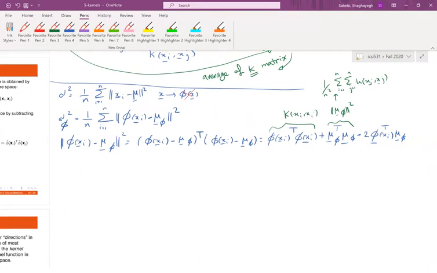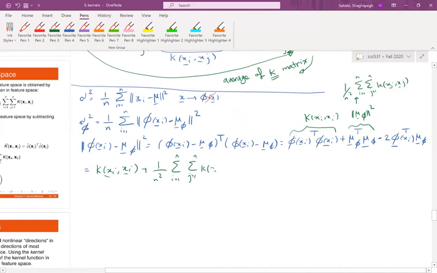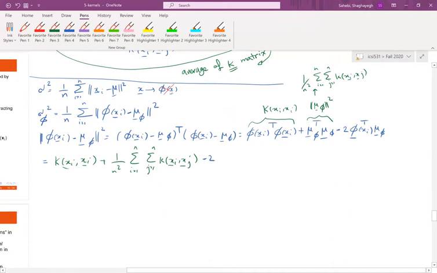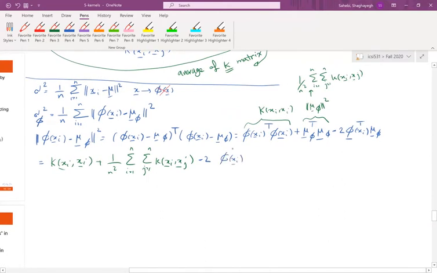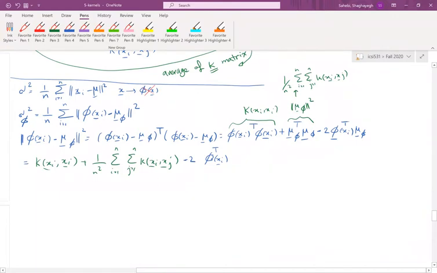So far, we have this is equal to k xi and xi, plus 1 over n squared sigma i 1 to n, j 1 to n, k of xi xj, now minus 2 phi of xi transpose, and instead of mu of phi, let's just write the formulation for the sample average, 1 over n sigma, let's call it j, equals 1 to n phi of xj, right?